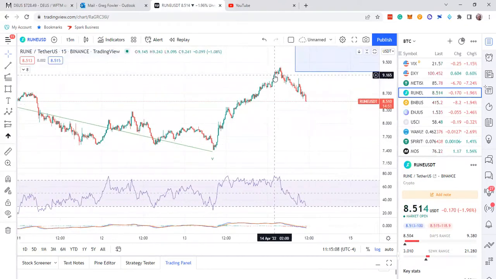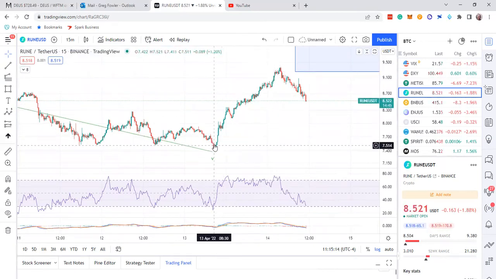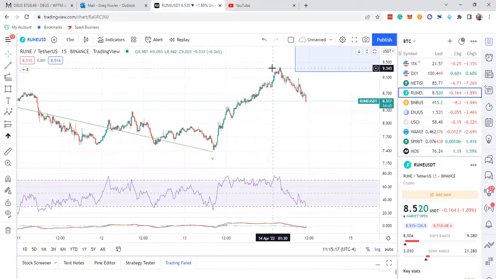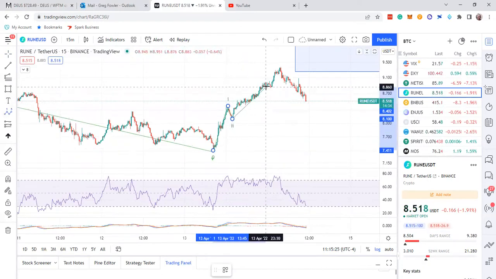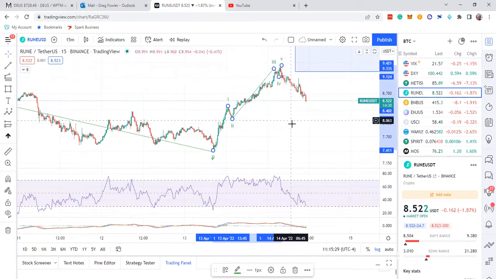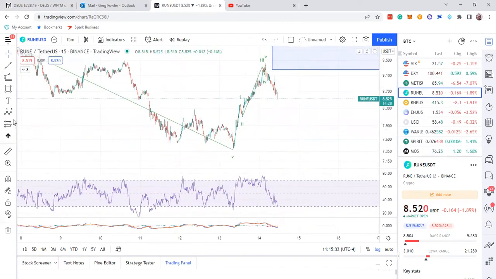So here's your wave. Yeah, you could go 1, 2, 3, 4, 5. You see the peak right there, 1, 2, and here's your divergence right here, 3, 4, 5. I mean, you could do that. Some people would say, hey, Greg, look, it's bullish, man.